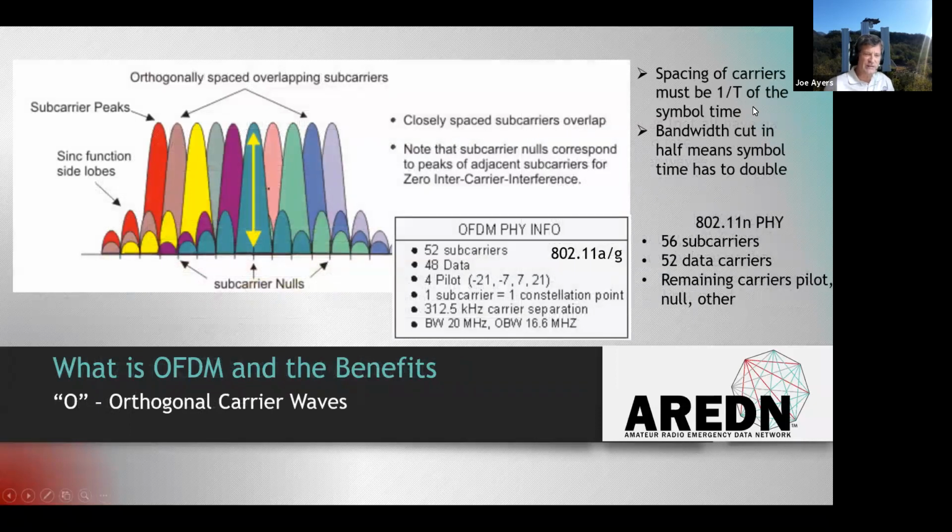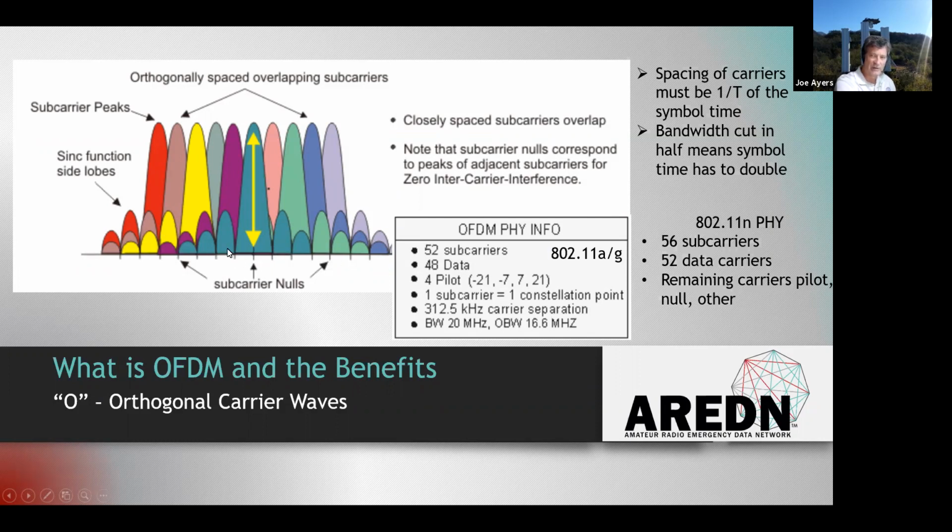The spacing of the carriers must follow this relationship, where T is the time that we're transmitting the symbol. So how long we transmit the carrier wave impacts what it looks like in the frequency spectrum, where the energy shows up across that spectrum.